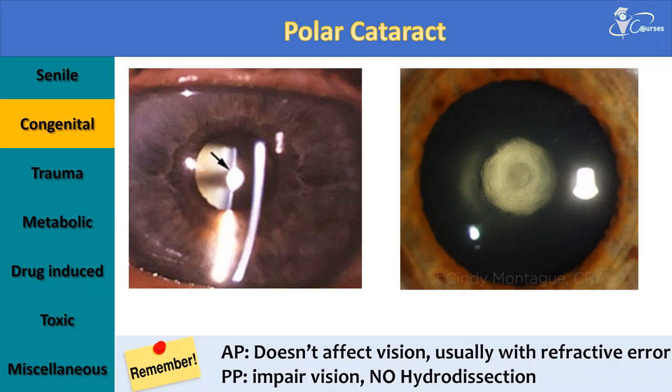Usually those patients have refractive error, which will result in anisometropia. On the other hand, patients with posterior polar cataract will have impairment of the vision, and it is more dense, more central, and those patients need specific precautions during phacoemulsification: to avoid hydrodissection, to avoid rupture of the posterior capsule.